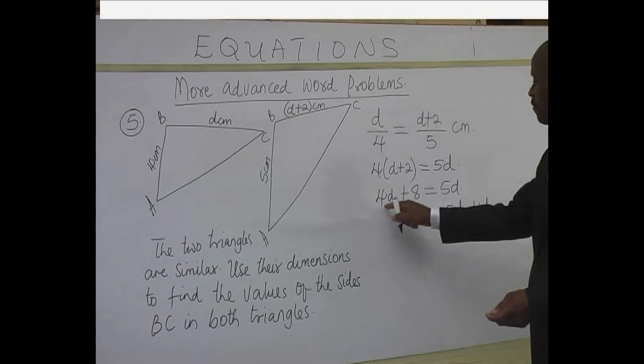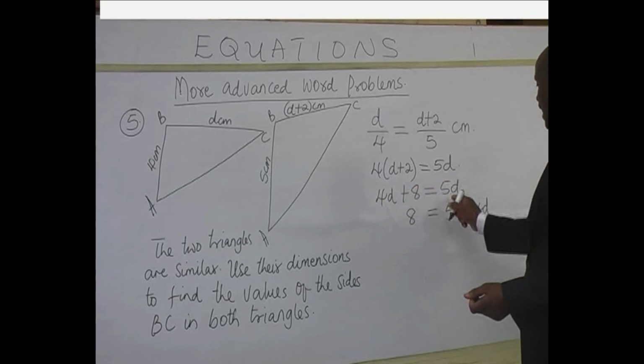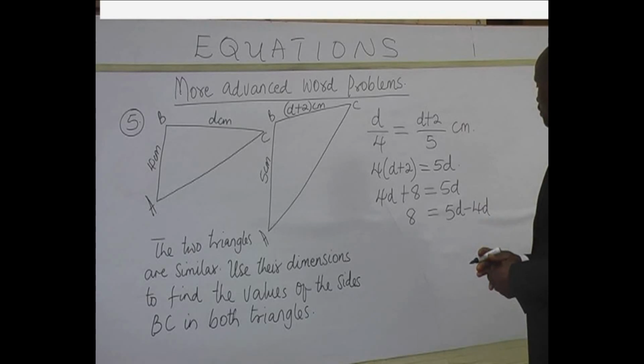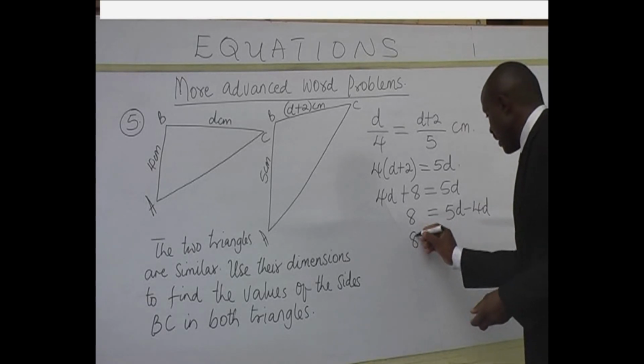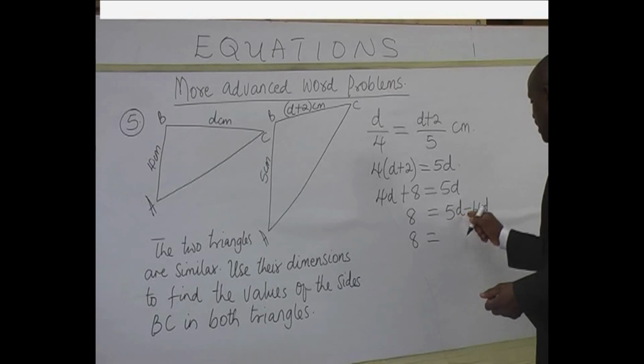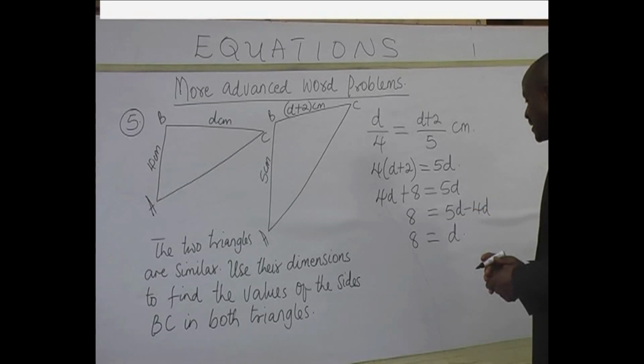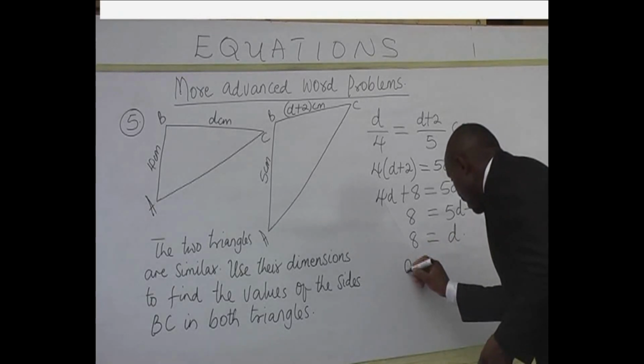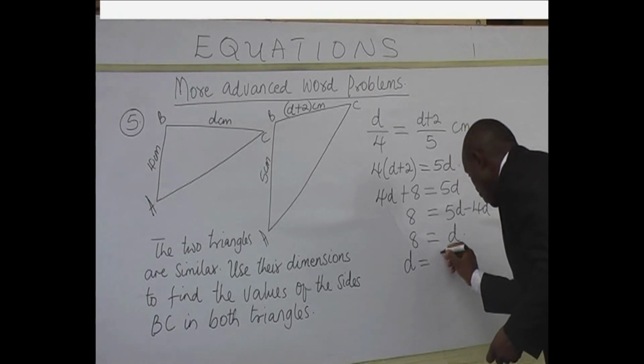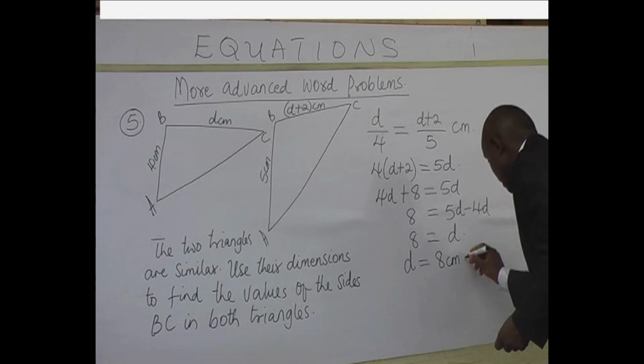Remember, if 4D is to leave the left-hand side to the right-hand side, it will change to minus 4D. 8 is equal to 5D minus 4D, which gives you D. That means the value of D is 8 centimeters. Let me write it the other way: D is equal to 8 centimeters.